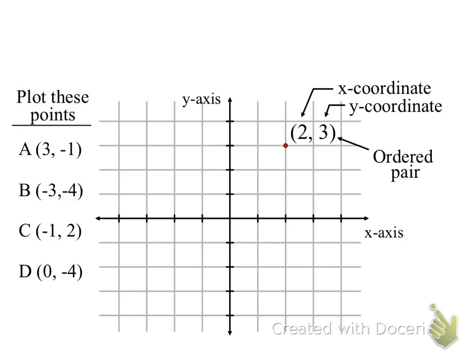So if I were going to graph these points, what would I do with the 3 first? What do I do with the 3, Angela? You would go to the middle, and then you would move over 3. Across 3 to the right. Okay, I'm going to start here, and I'm going to go across 3, and then?